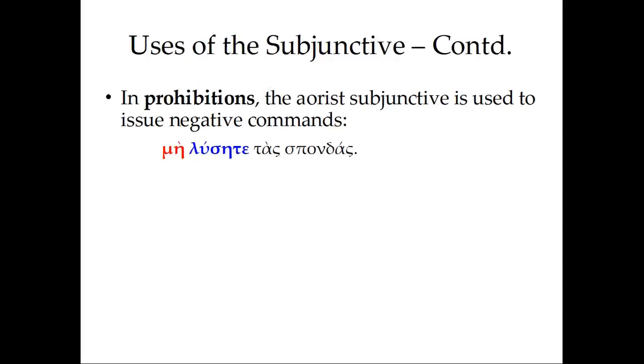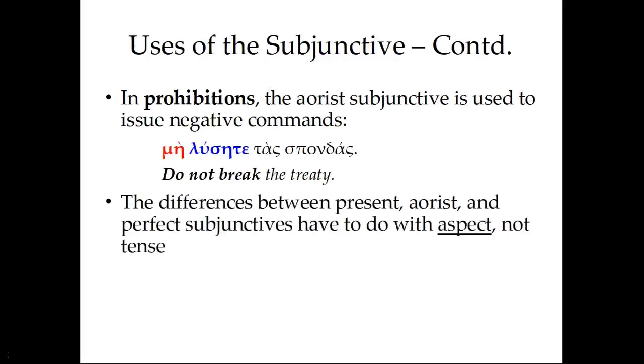This is kind of an interesting case in Greek. We do not see the negative imperative used in the aorist. If we want to issue a negative command in the aorist, we have to use the aorist subjunctive. So, mē lusēte tas spondas, we're referring to a group of people, and we are saying, do not break the treaty. This is a prohibition. We see the aorist subjunctive along with mē.